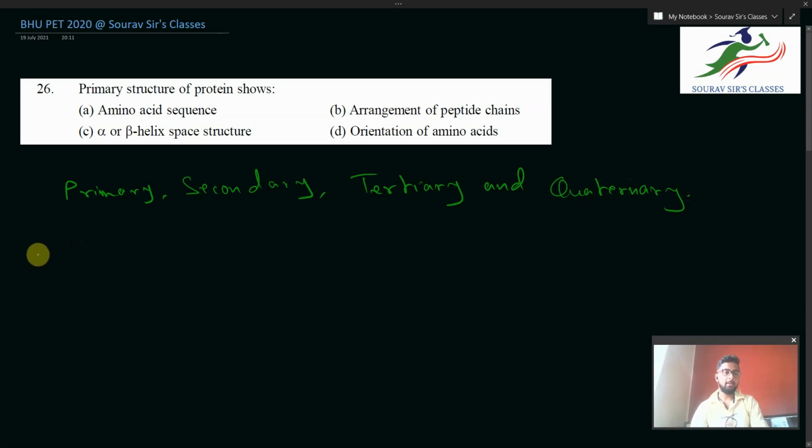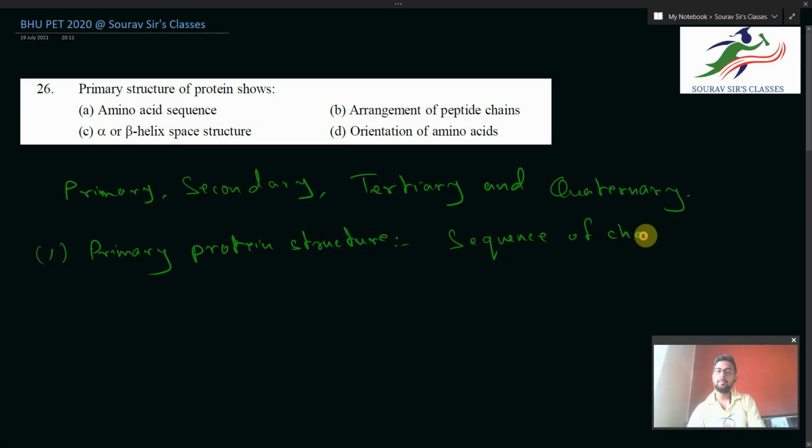Number one, we have the primary protein structure. In this case, we just have the sequence of chain of amino acids.